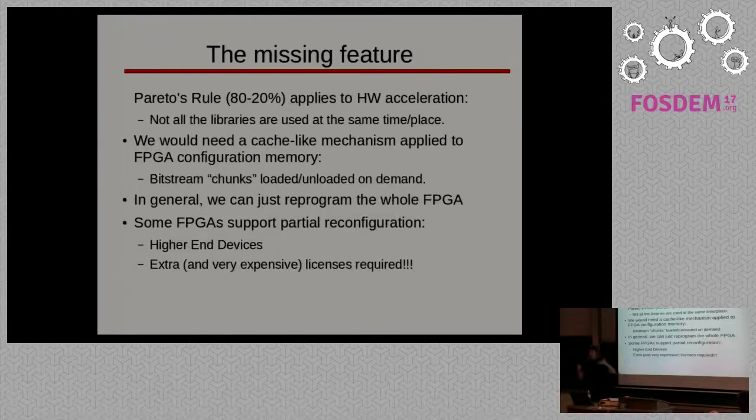And most of the libraries in the processors are loaded or unloaded in the cache memory as they are required. In order to accelerate libraries in an FPGA in an efficient way, we need a way to reprogram only slices of the FPGA, not all the FPGA. We need to handle the FPGA configuration memory just as the CPU handles the cache memory.